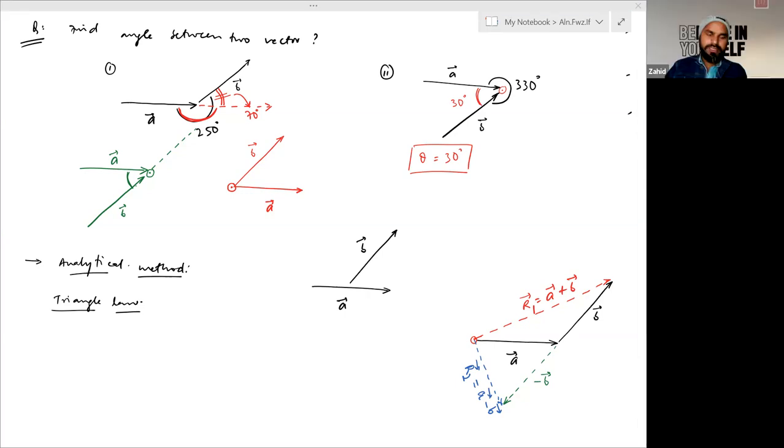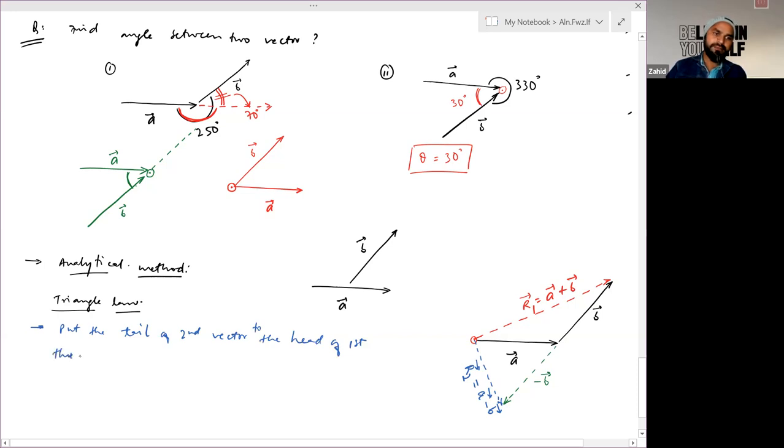So in this triangle law, put the tail of the second vector to the head of the first, then the resultant will join from the tail of the first to the head of the second.